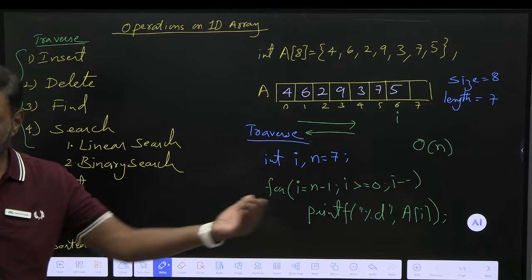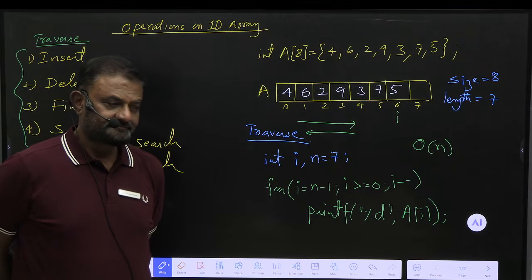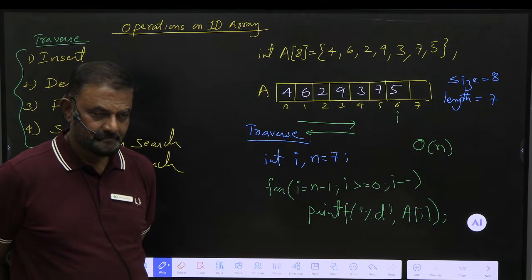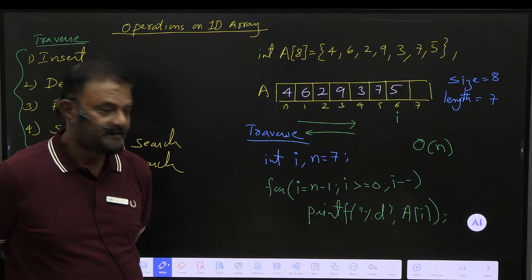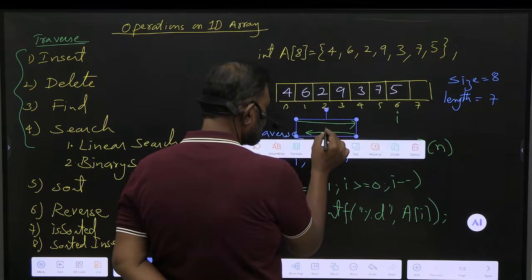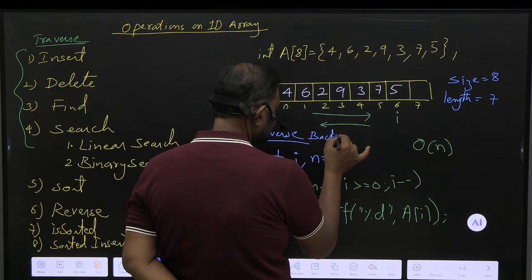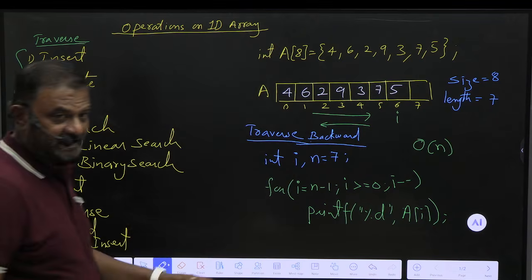So this will print all the elements from the last element towards the first element, in reverse. The time taken for traversing backward is also O of n.